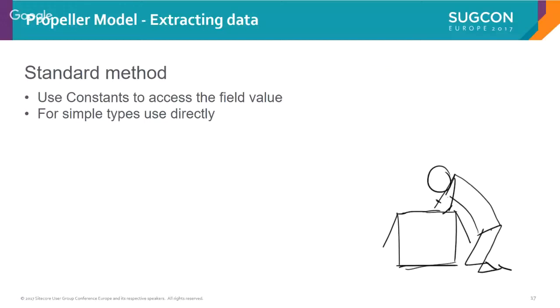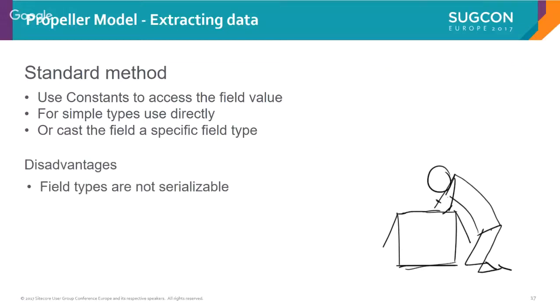But as we dig into more complex objects, we can't do that any longer. Then we can cast it to one of Sitecore's field types. But this comes with some disadvantages. For once, these field types are not serializable, so we can't put them into JSON directly if we wanted to. And not all properties are always available for us.